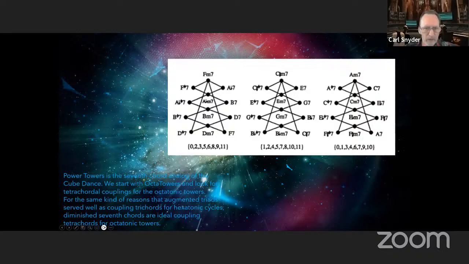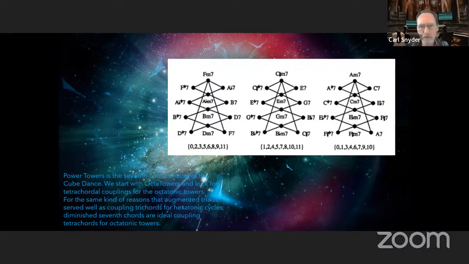Power Towers is the 7th chord analog of the cube dance. We start with octatowers and look for tetrachordal couplings for the octatonic towers. For the same kind of reasons that augmented triads served well as coupling trichords for hexatonic cycles, diminished 7th chords are ideal coupling tetrachords for octatonic towers.